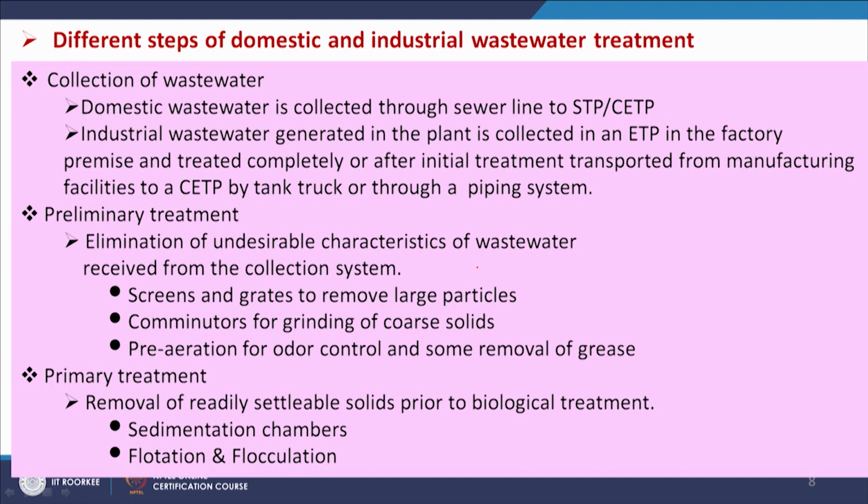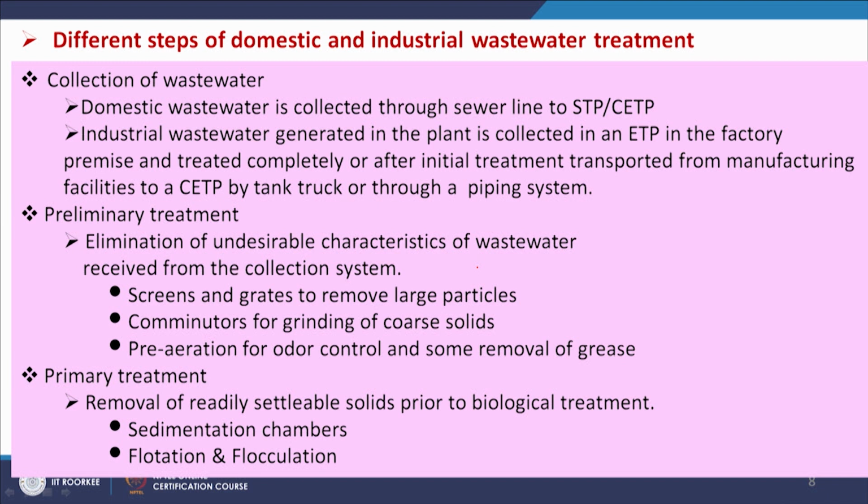Now, we will discuss the different steps of domestic and industrial wastewater treatment. The first step is the collection of wastewater. As mentioned, wastewater collected from domestic houses is passed through the sewer line and collected centrally in the STP, that is, the sewage treatment plant, or it may be a CETP, where wastewater from other industries after preliminary treatment can also be collected.